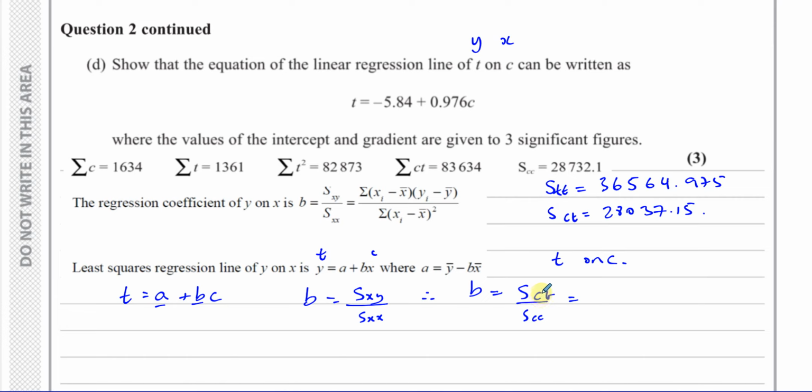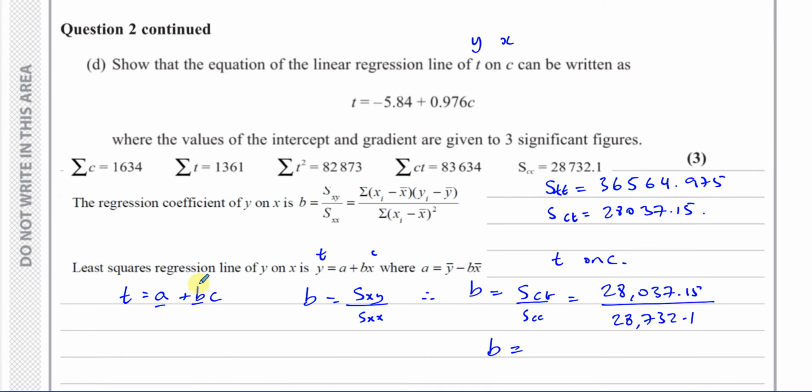So Sct we found in our first part of the question, 28,037.15, and Scc is given to us in the data. I've taken this data from the first part of the question so we can see it here: 28,732.1.